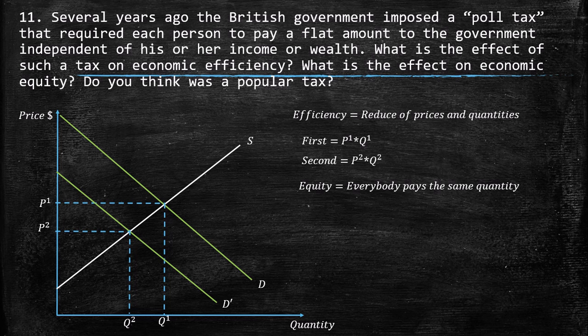It is considered a regressive tax because people with fewer resources or less money have to pay more as a percentage of the salary. So what is the result of that unpopular policy?